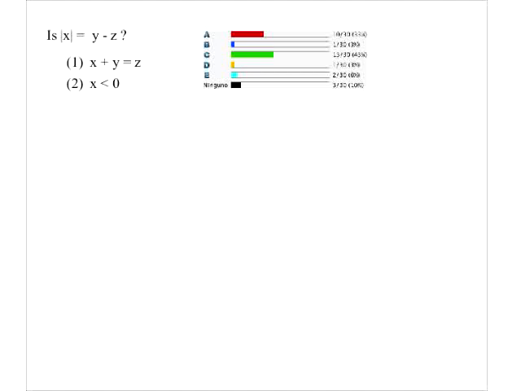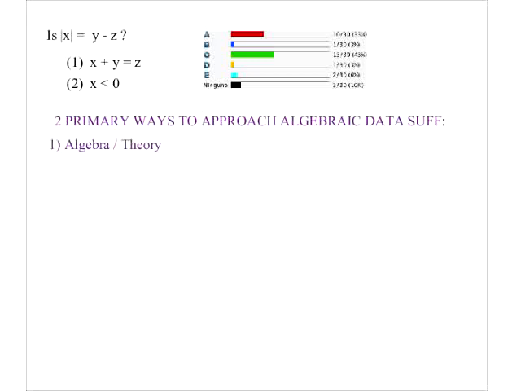And while we're at it, we're going to do a review of the two most useful ways to approach data sufficiency. So when you have algebraic data sufficiency problems, the two primary ways to approach algebraic data sufficiency: the first is to use algebra, if you know how to do it, or if you know how to use some sort of theory.